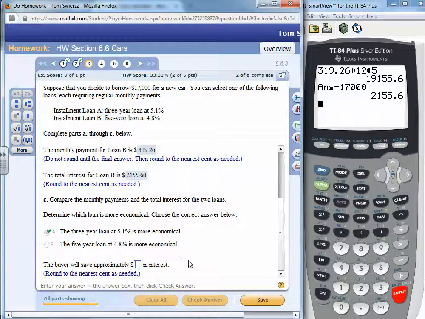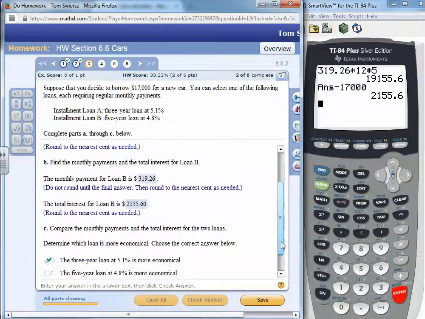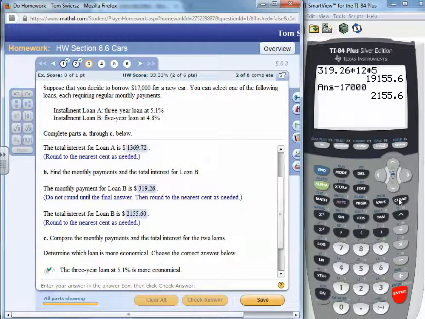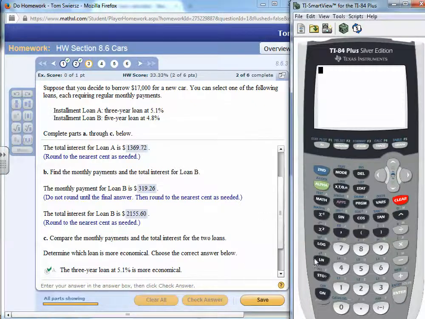The buyer will save approximately how much in interest? Well, we just did it, right? We subtract the total interests. The total interest for loan B was $2,155.60. The total interest for loan A was $1,369.72.